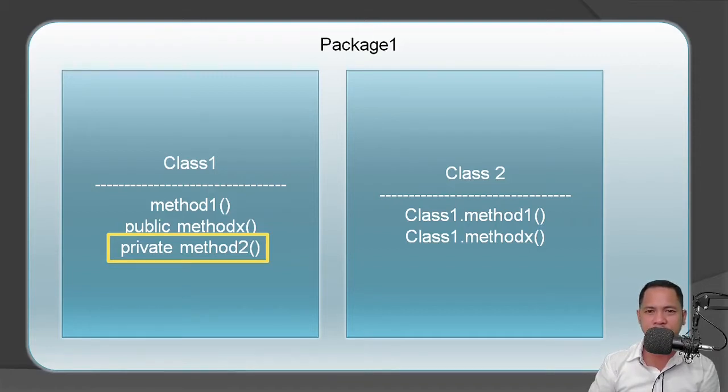Within class 2 you can access method 1 and method X in class 1, but not method 2. That is because of the private access modifier. So if you are going to call class 1 method 2, this is going to be an error.